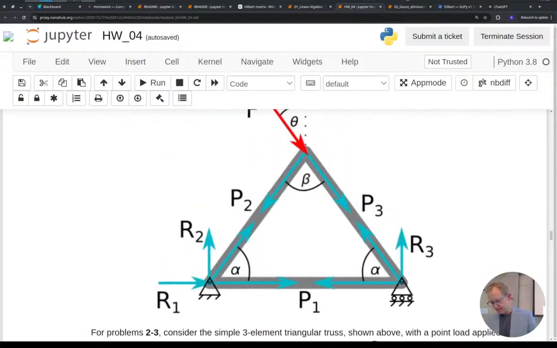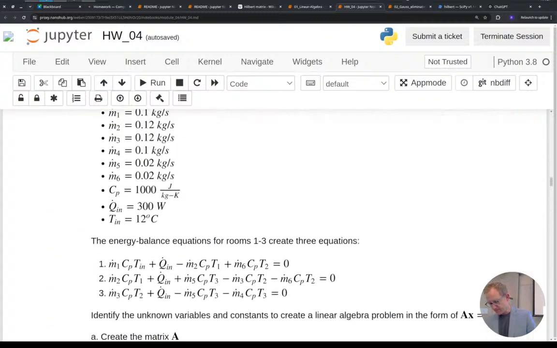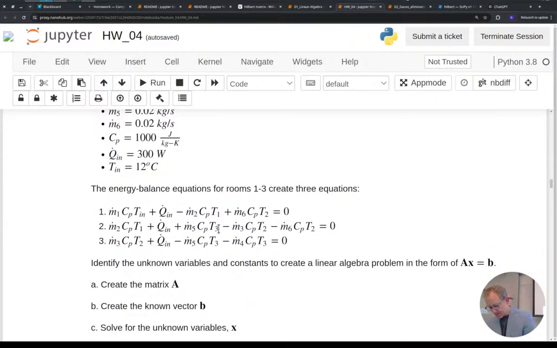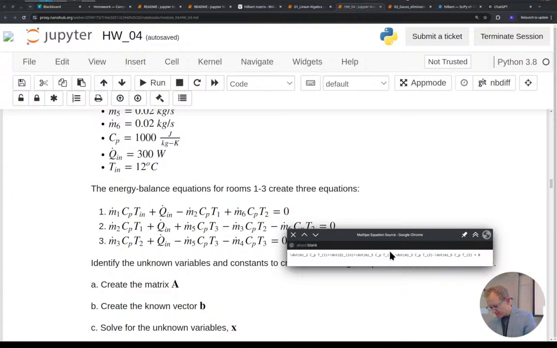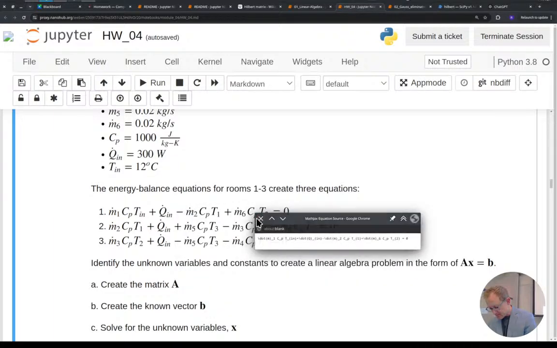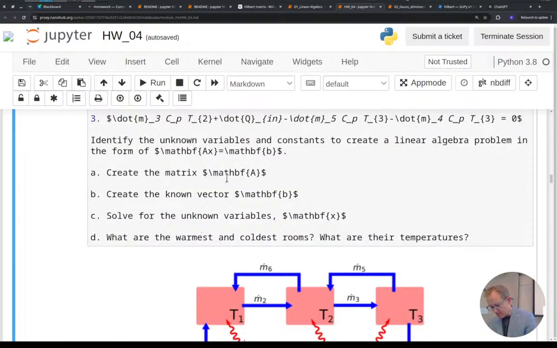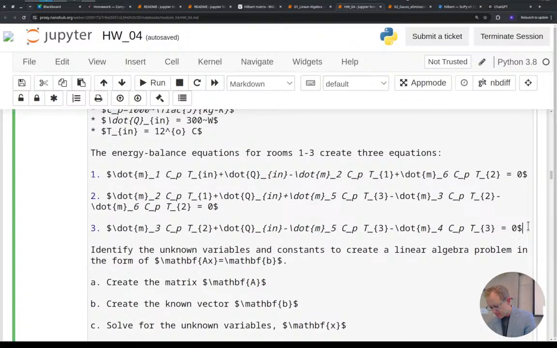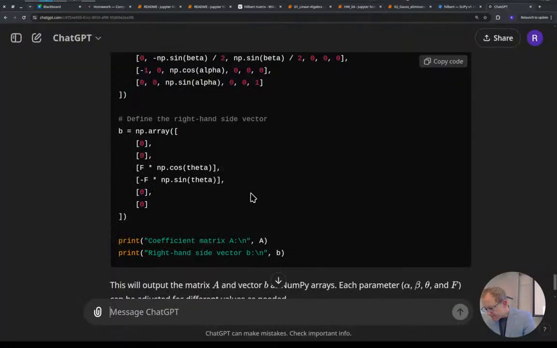Yeah, and that one should work. I wonder if we could do it for a set of equations. This is only giving me one equation at a time, so I'm going to grab all three. I have three linear equations in LaTeX.